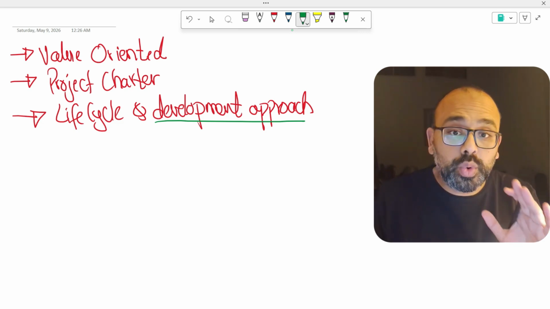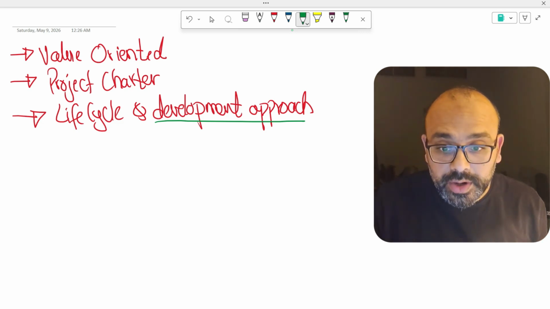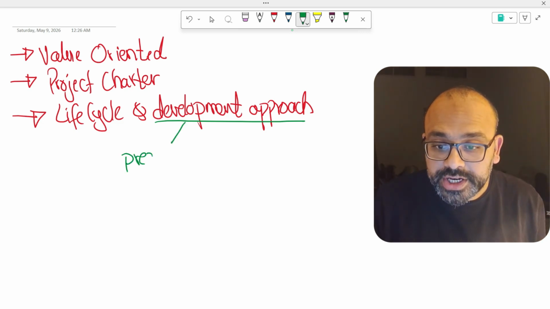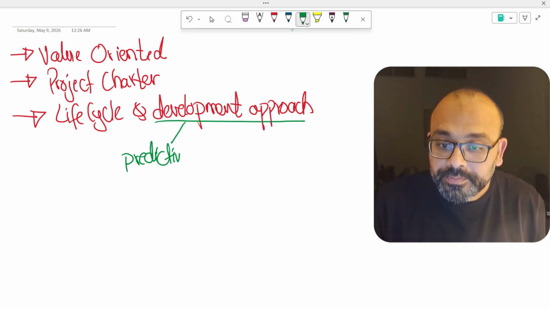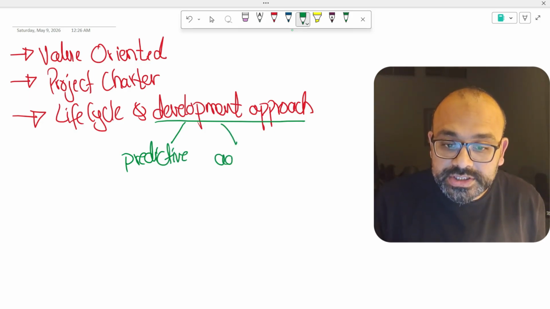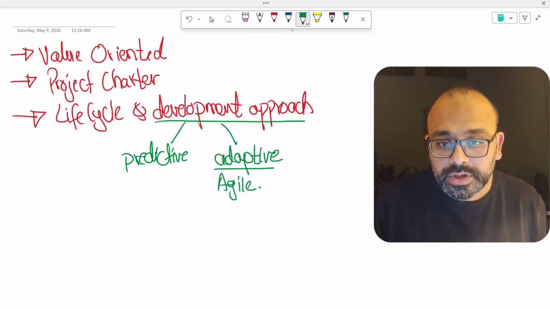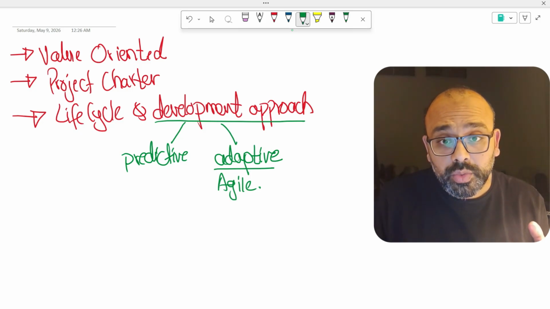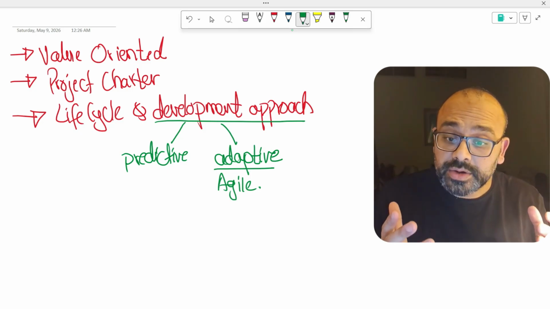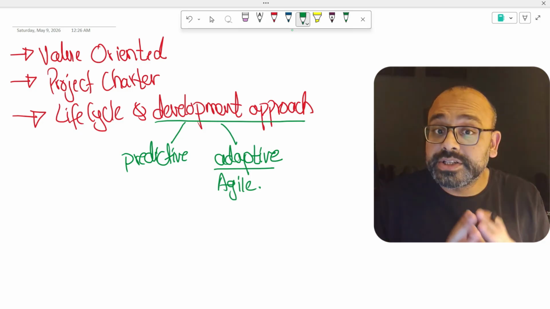Here you should know everything about what is predictive and what is adaptive. Or you can say the agile. Study more about it. What are the circumstances that predictive approach will be best for us?